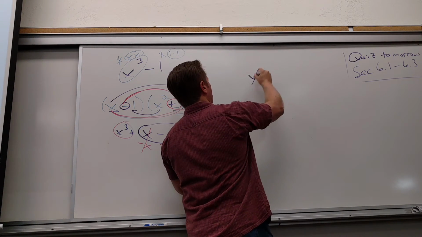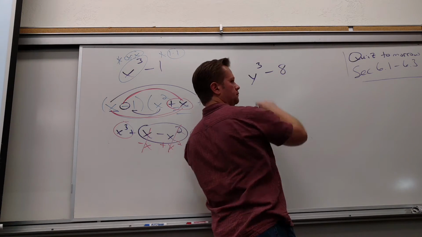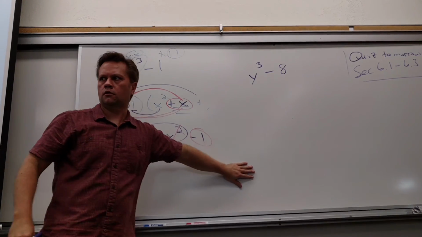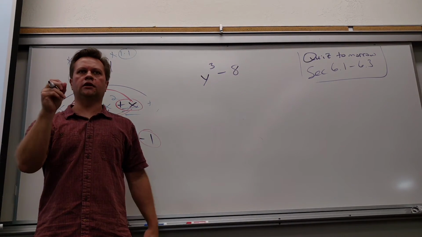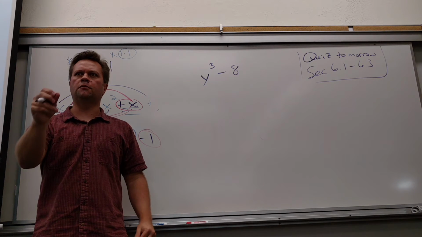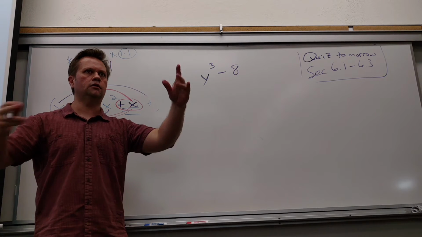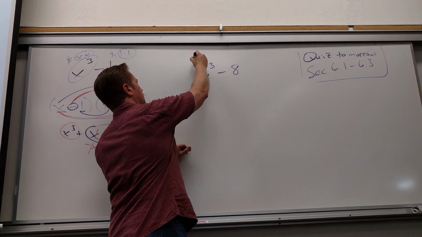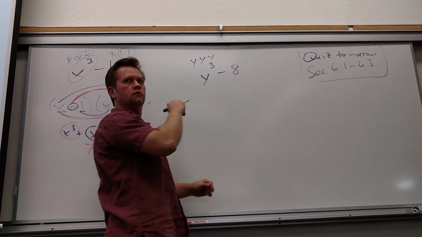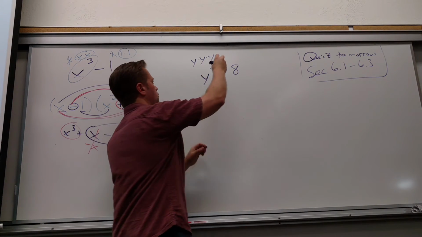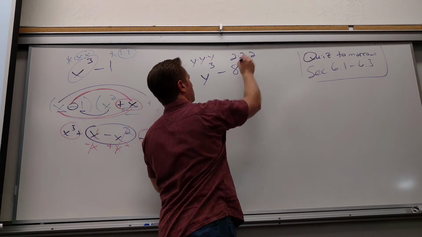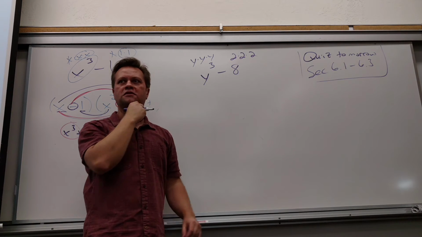So what if I had y cubed minus 8? Here's a really big suggestion from me: break everything down into 3 parts. Y cubed is y times y times y, and 8 is 2 times 2 times 2.